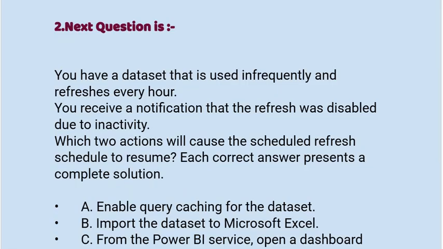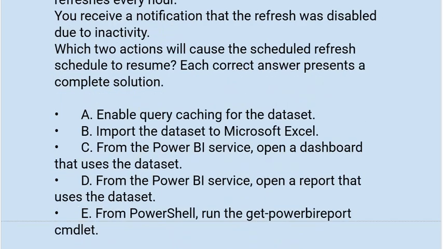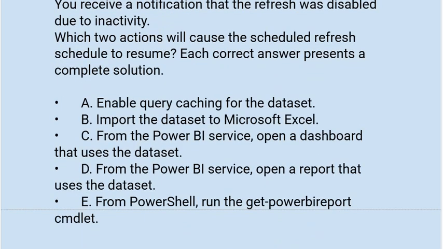Question is, you have a dataset that is used infrequently and refreshes every hour. You receive a notification that the refresh was disabled due to inactivity. Which two actions will cause the scheduled refresh to resume? Option A, enable query caching for the dataset.